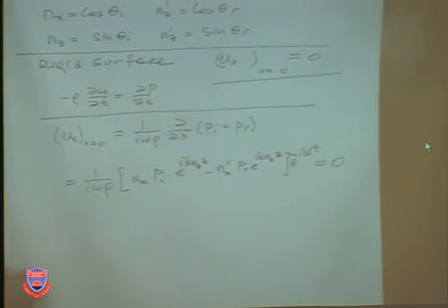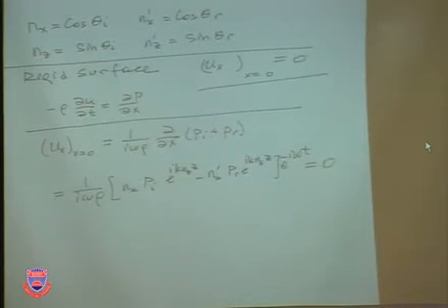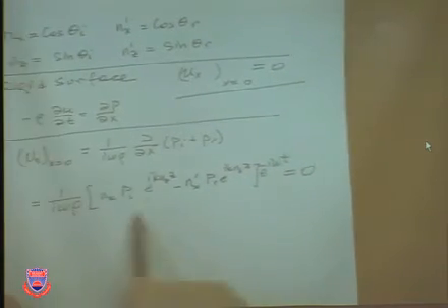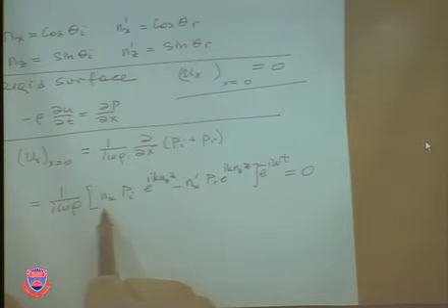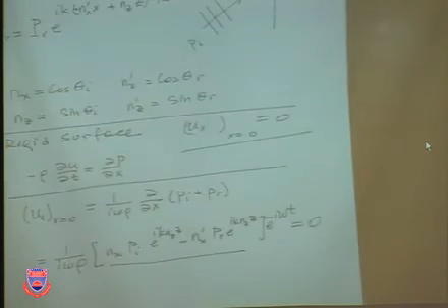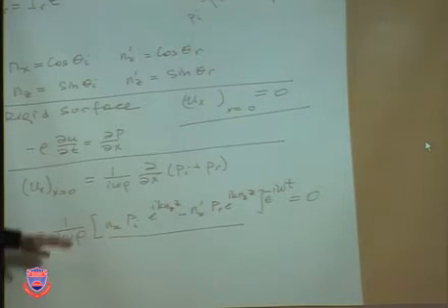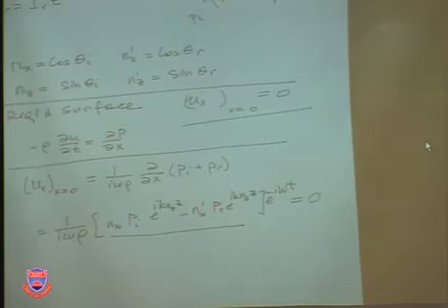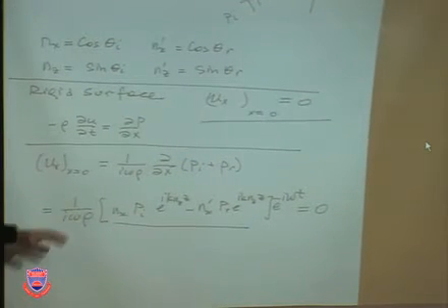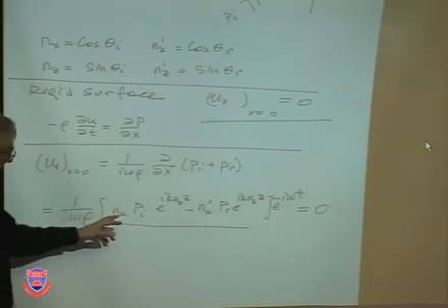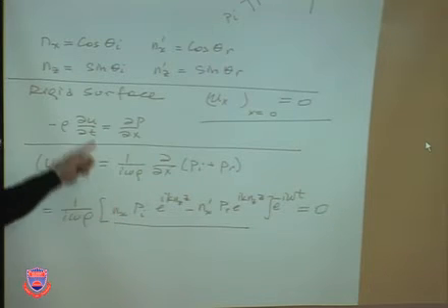Take a look at this equation. This is a very interesting equation. Now, what is the requirement here for this equation to be satisfied? You have nx, which is a cosine of an angle.